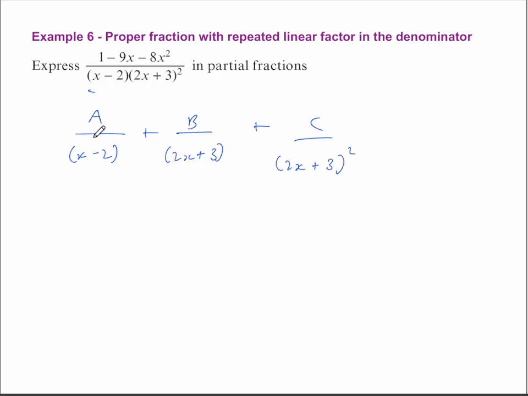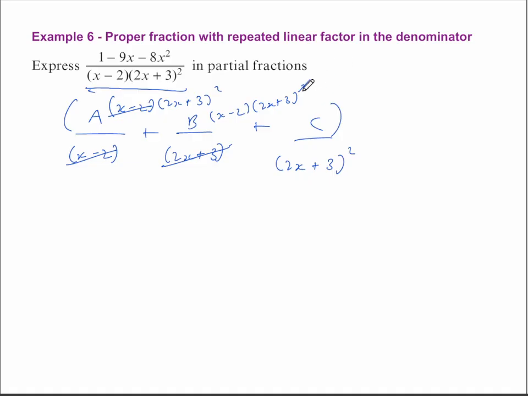There's a trick to skip all the middle steps here, where you just take the numerators and multiply by the original one's denominator, each one. So this one times x minus 2 and 2x plus 3 squared, where x minus 2 and x minus 2 will cancel out.